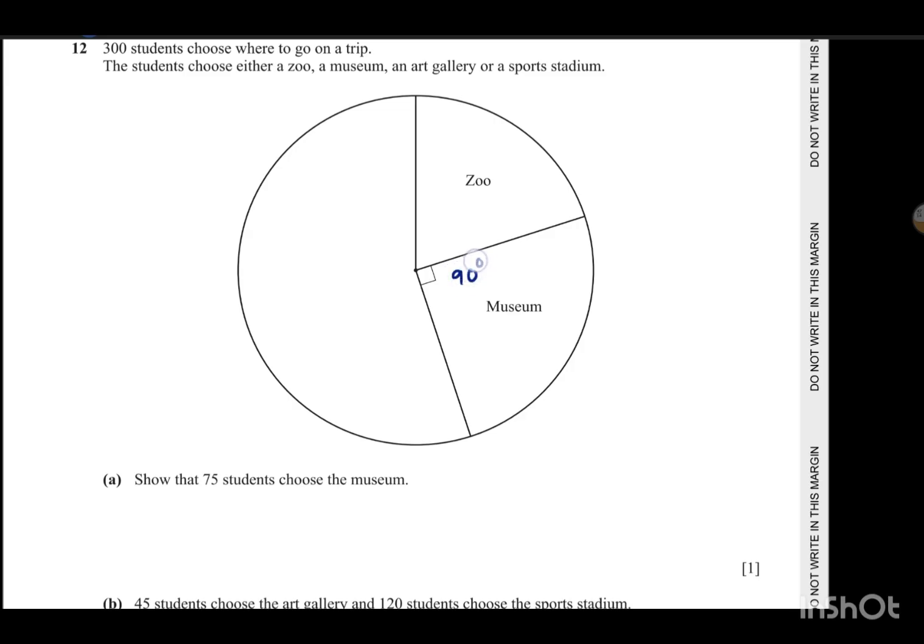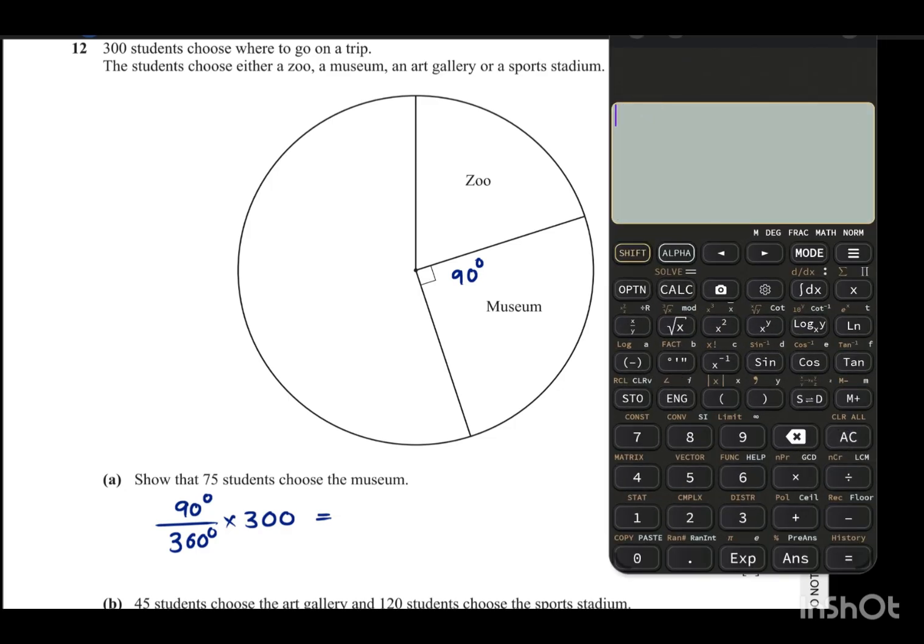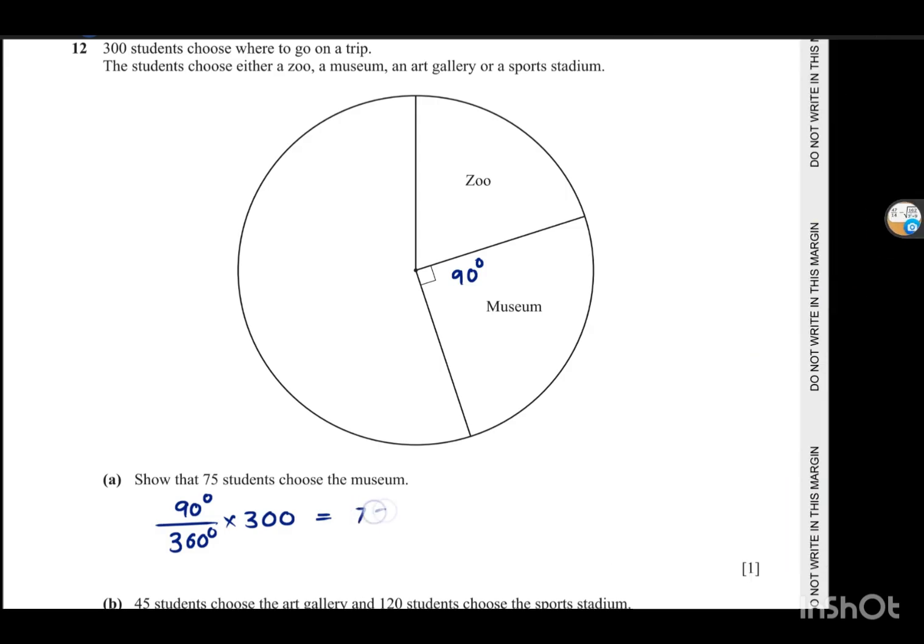So 90 degrees out of 360 degrees will be the fraction here for 300 students. When you calculate this, you must get 75. 90 by 360 into 300, 75 is equal to 75. So we have solved it.